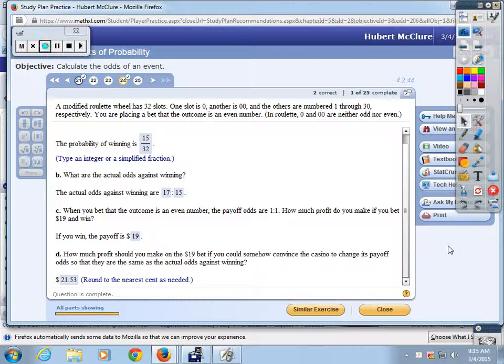Now, what kind of bet, what kind of odds do they have at the racetrack, at the horse track? 50 to 1, 200 to 1. So what does that mean? Well, if you bet $50 on a 200 to 1, let's see what you get.